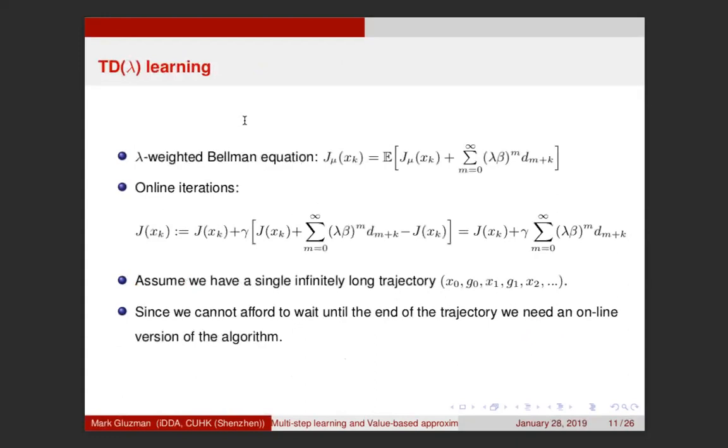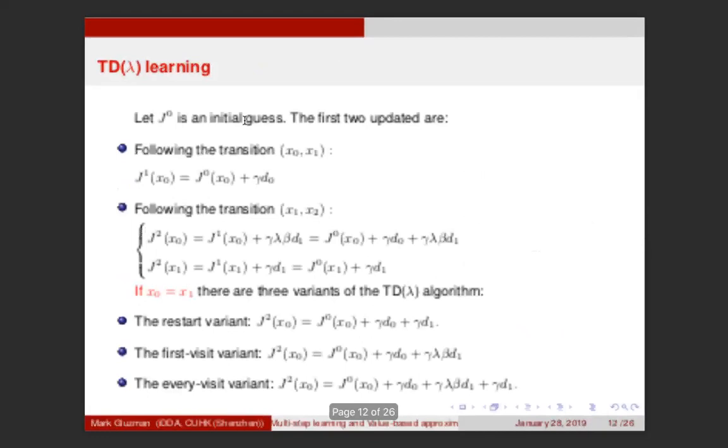If we assume that we have a single infinitely long trajectory and we run our algorithm infinitely long, then asymptotically it will converge to the right answer. Okay, so our goal is basically to calculate this sum iteratively.